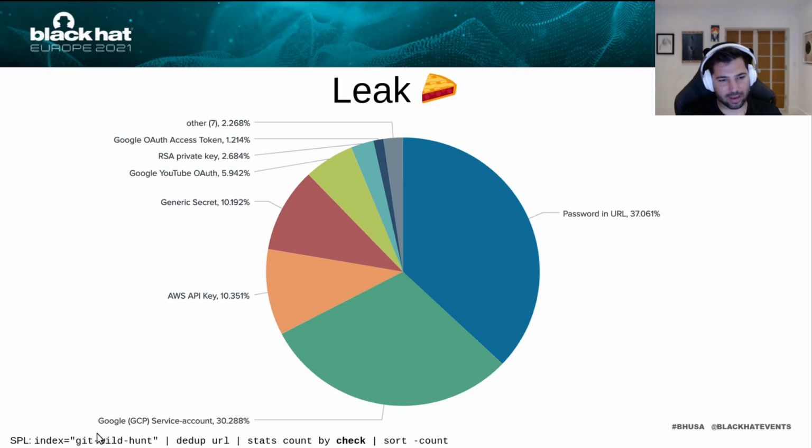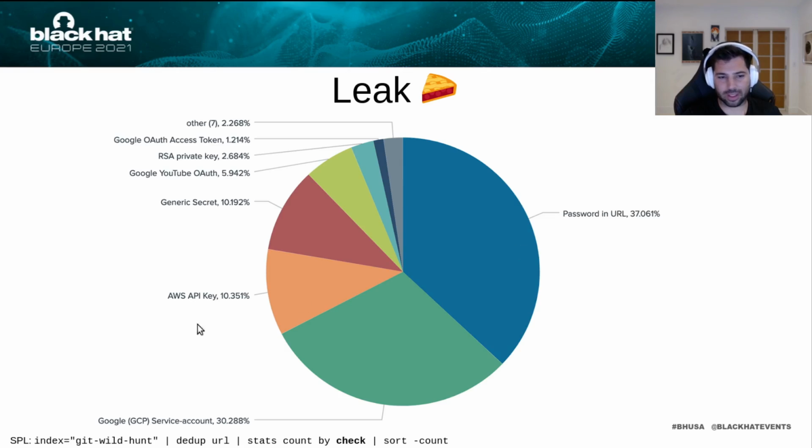I put the Splunk search here that I used, and if you notice the Splunk search, I am deduplicating the data. So this is unique URLs, e.g. unique leaks that we saw across the board by the different checks, e.g. the different actual searches we've been running. And you can see that by far the most common thing we found were passwords and URLs.